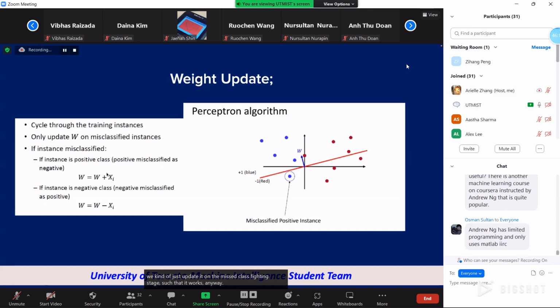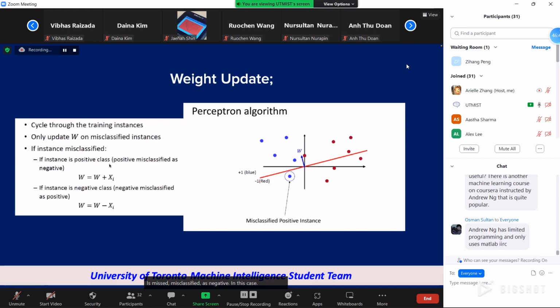And third, if an instance is misclassified, we have the following rules. If an instance is of the positive class, which is the blue dot, and it is classified as negative, basically the blue dot is classified as a red dot, as you can see on the screen here, where this one single blue dot is not classified with the other blue dots, then we say this positive class is misclassified as negative.